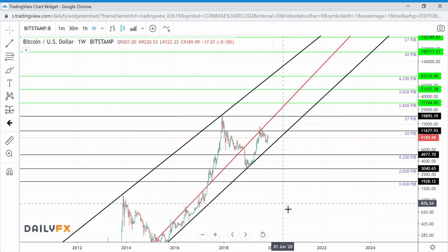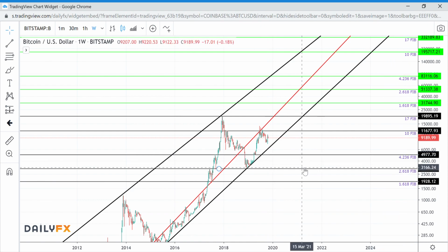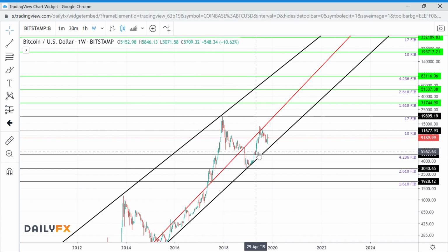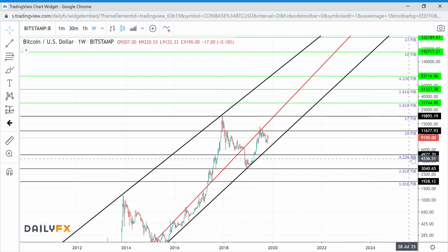And then this 4.236 level, it was a massive point of resistance, and we see that it held as support after this next run. So there may be a lot of significance right there as well, and that level is at 83,000, right?